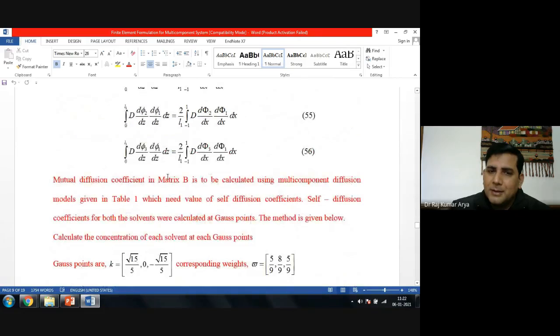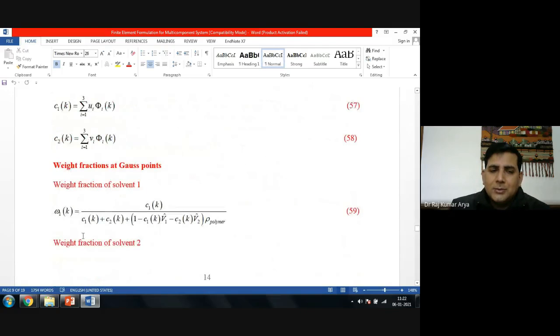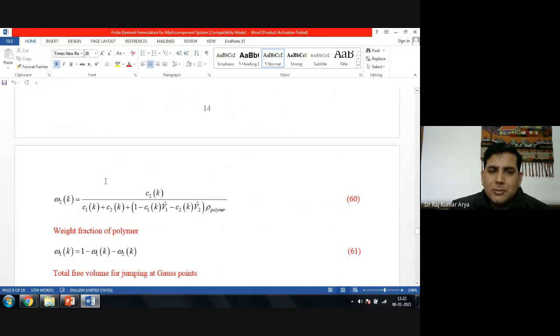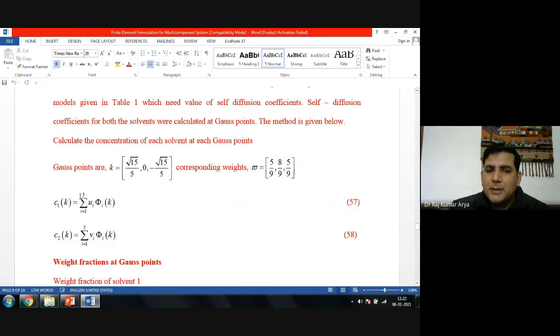Once you have the A matrix and the B matrix, your boundary condition matrix, you can solve them. The rest of the part is not yours, it is my part, just to calculate the mole and weight fractions, because once you know the concentration, it would be calculated from here at any of the points.